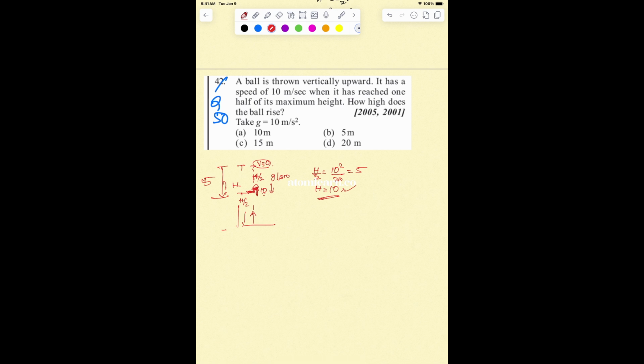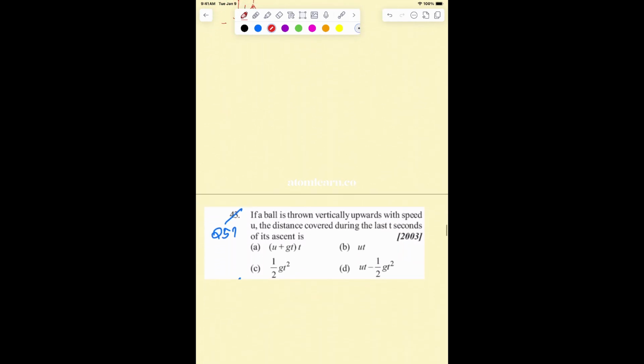Okay. There are so many ways of doing it, but the simplest way is to look at it from the half value. u squared by 2g will give you the height up to the maximum point. Therefore u squared by 2g gives you 5 for this distance. From here it is 5. Therefore double it to get the full height they are asking, 10 meters.